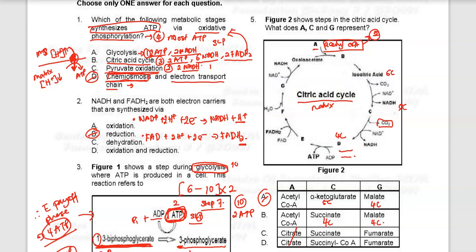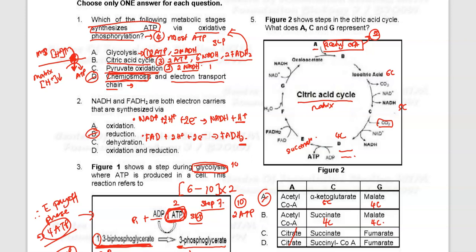Please refer to your notes. From succinyl-CoA, intermediate D, it produces intermediate E, which is succinate, also a 4 carbon compound. So the answer will be A.